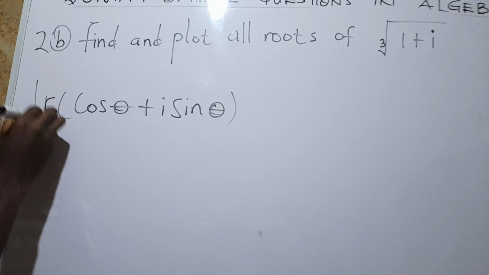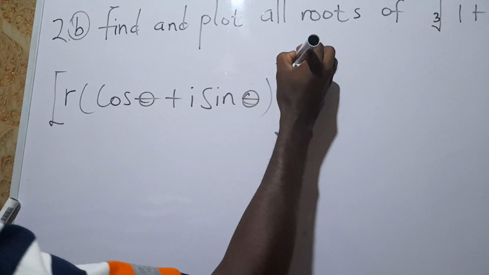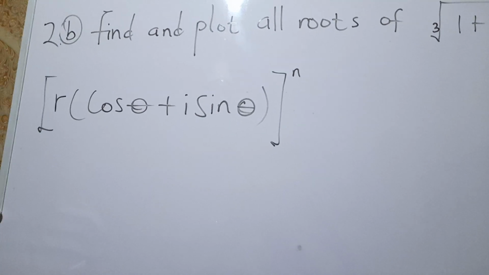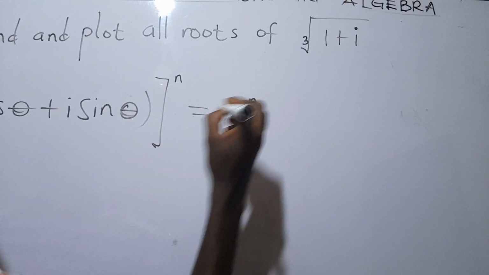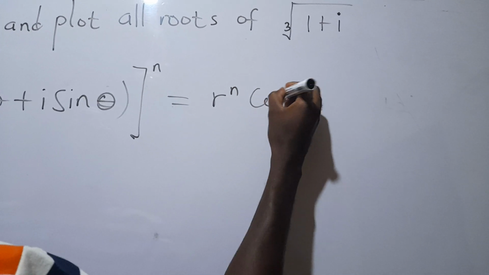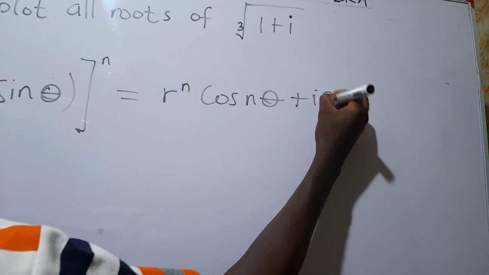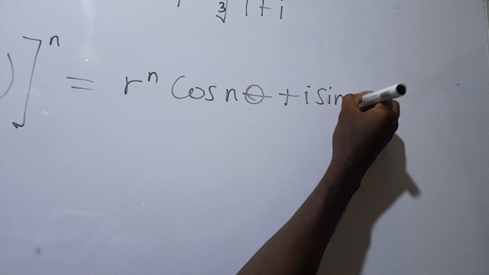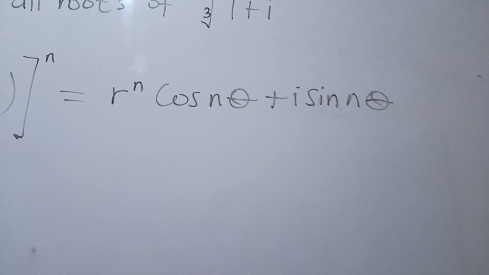However, when this complex number in its polar form is being raised to the power of another number n, we'll have r^n (cos n theta plus i sin n theta) from De Moivre's theorem. This you must know by now.